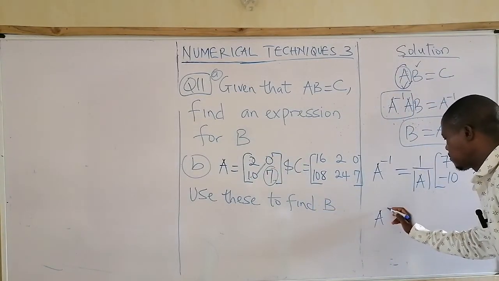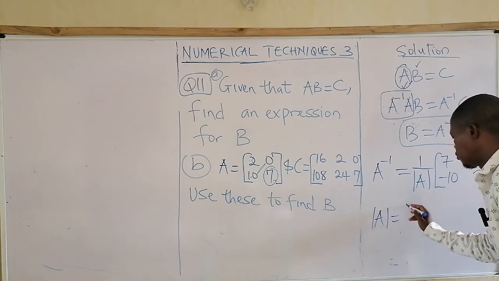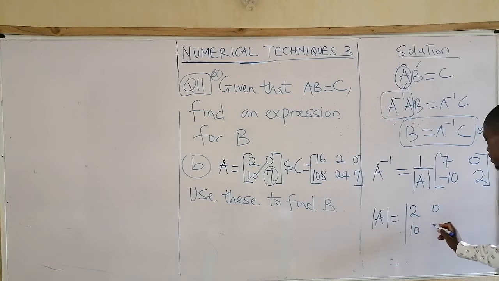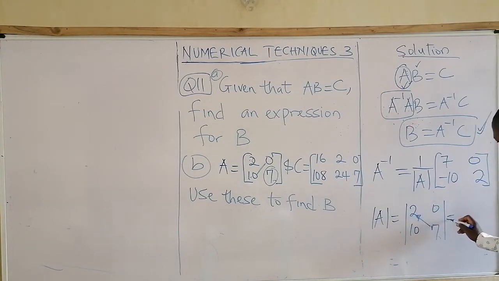The determinant of A is equal to 2, 0, 10, 7. You go this way: this one times this one, that's 14, minus 10 times 0, that's 0. The determinant is 14.